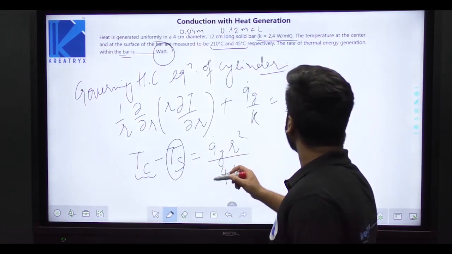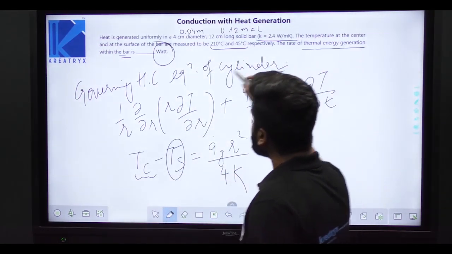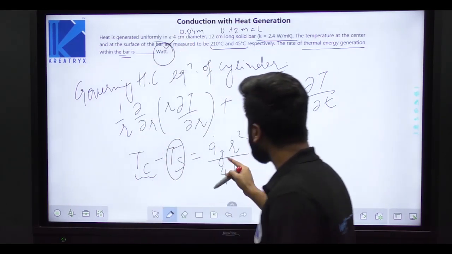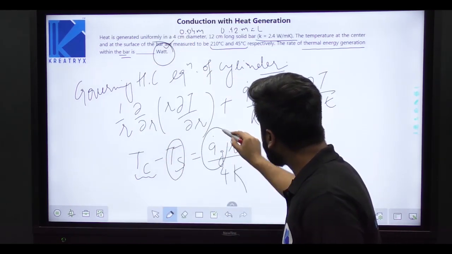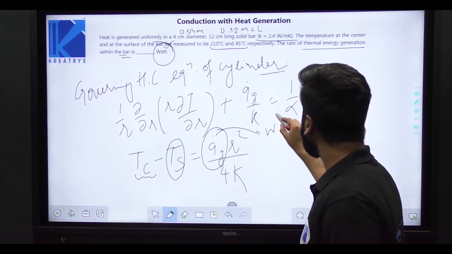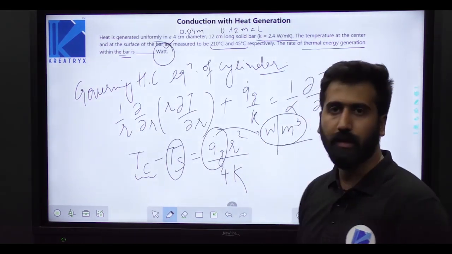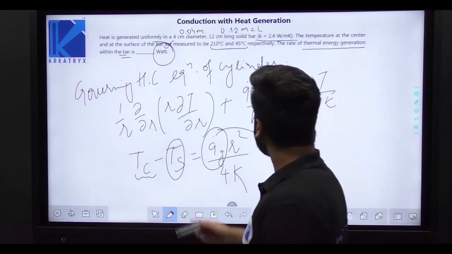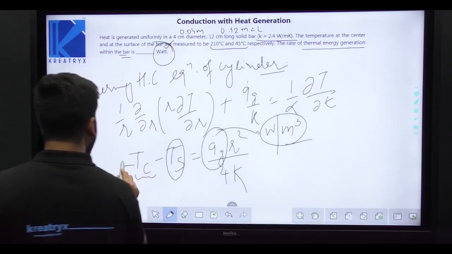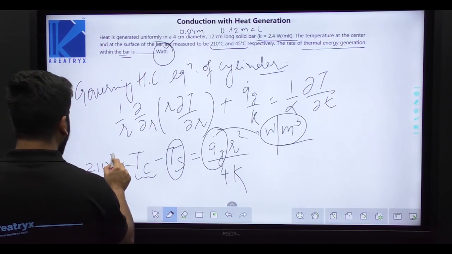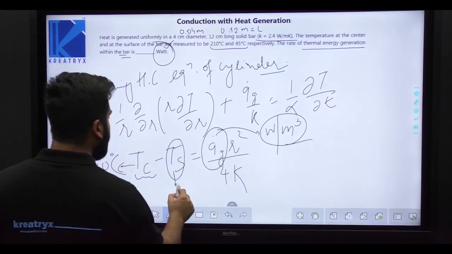Now you have to find the rate of thermal energy generation within the bar in watt. But in this formula, the heat generation is in watt per meter cube. This was the important part. So Tc is 210 degrees Celsius, which we know. Ts is 45 degrees Celsius.